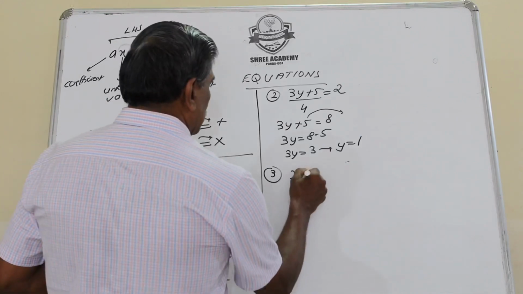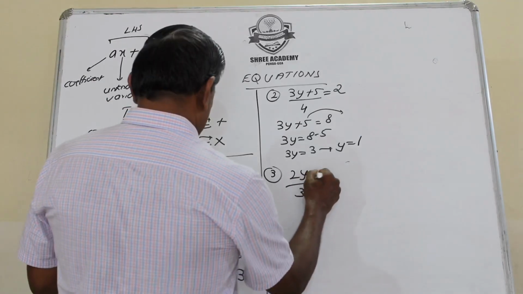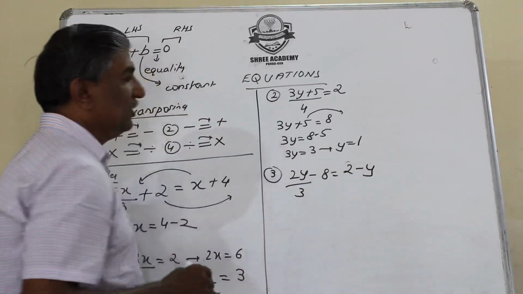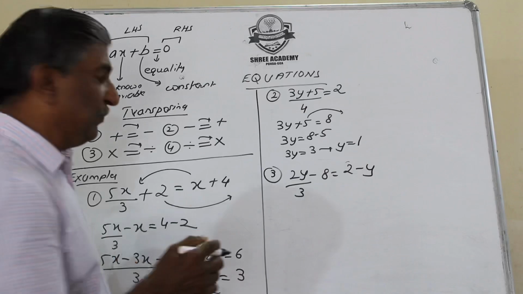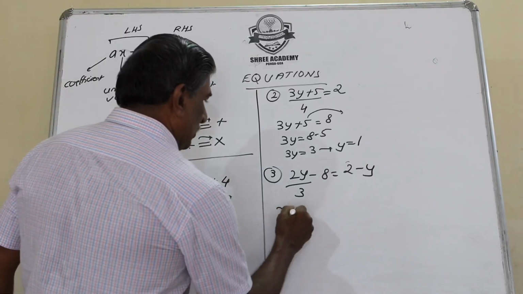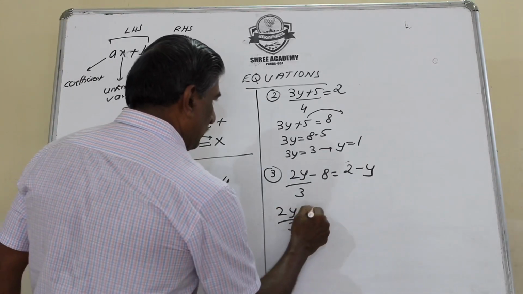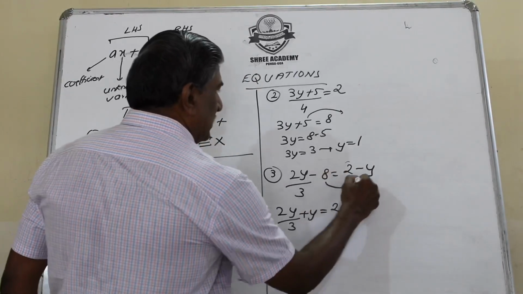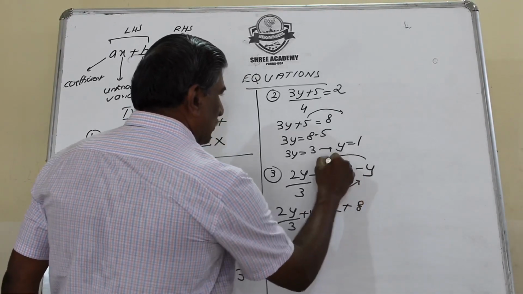Next is like this: 2y/3 - 8 = 2 - y. Here first I will try to bring the variables together. This will be 2y/3 + y = 2 + 8. This minus 8 will go here, minus y will come here.